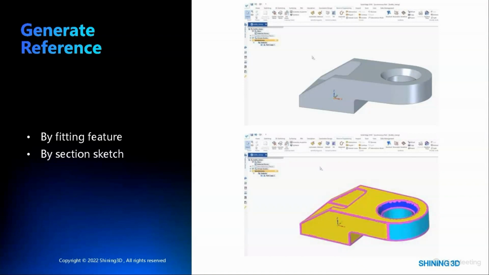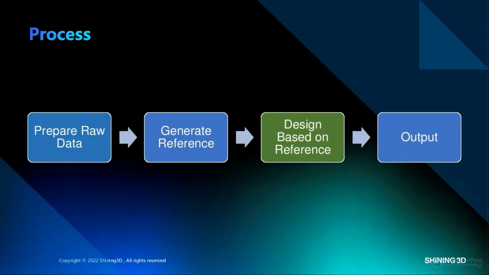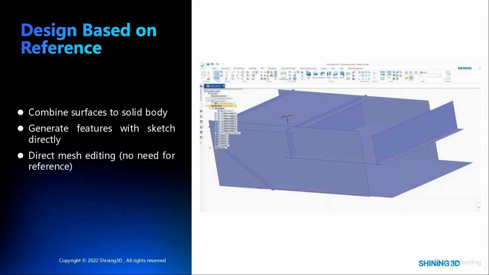Okay, so let's go to the next step, which is design based on the reference. I won't say most complicated, but also a large step which we're gonna go through. So in this step, you are actually doing design based on the reference you generate in the last step.